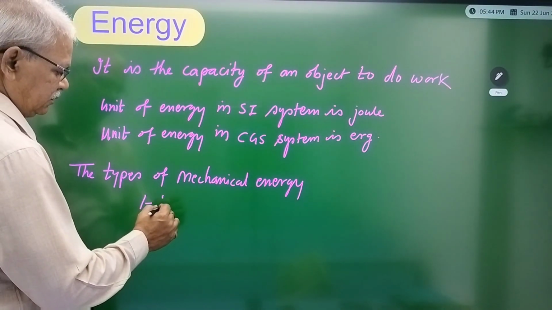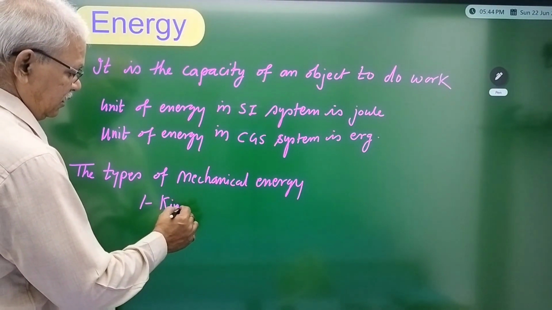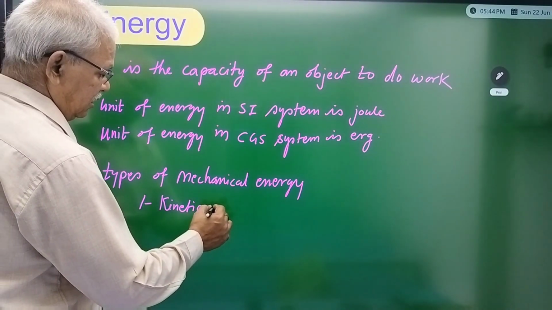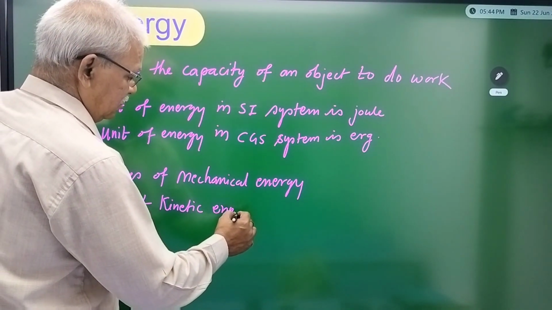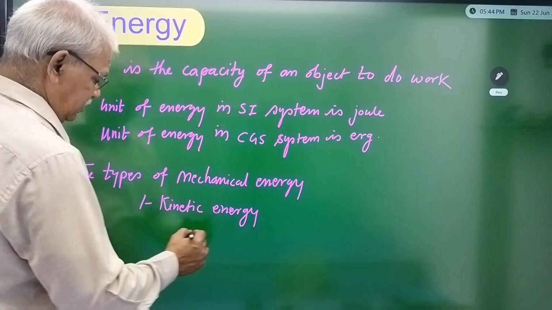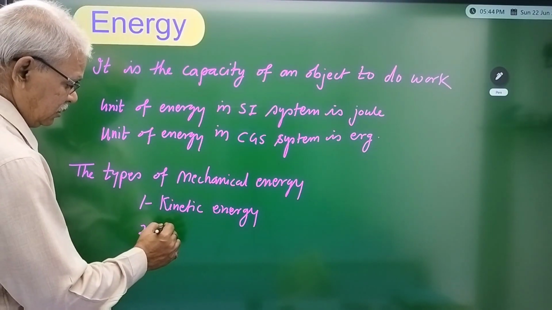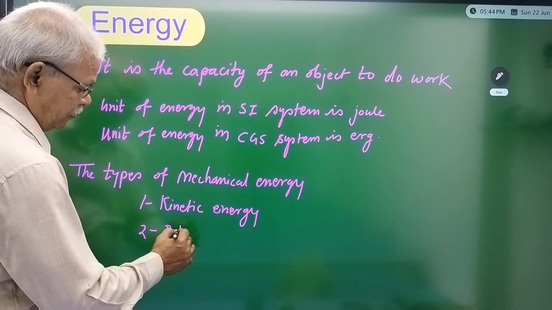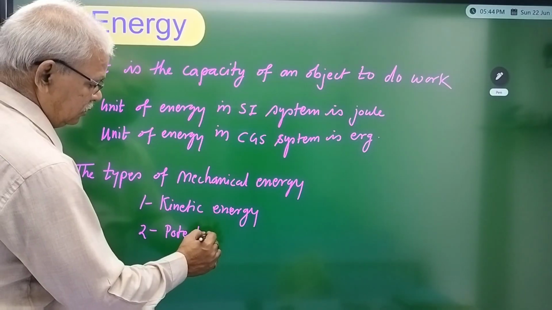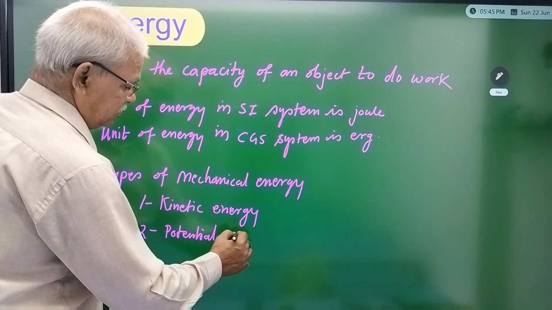First one is kinetic energy, and the second one is potential energy.